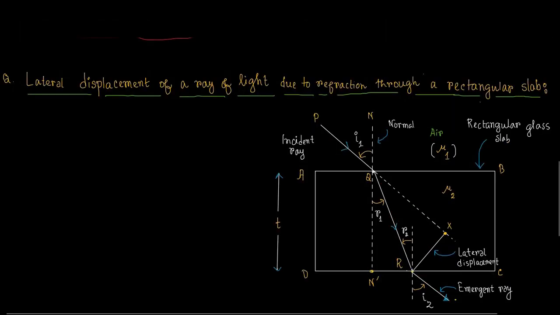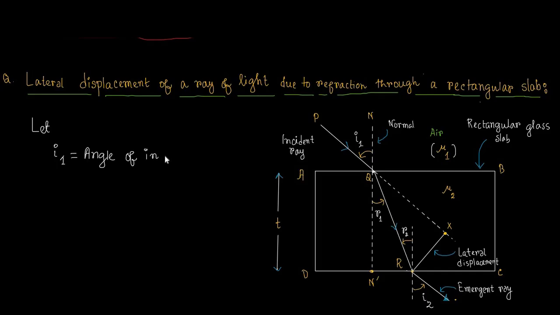Now we can derive the expression of lateral displacement. Let I1 be the angle of incidence of the ray of light on the first refracting surface AB of the rectangular glass slab.